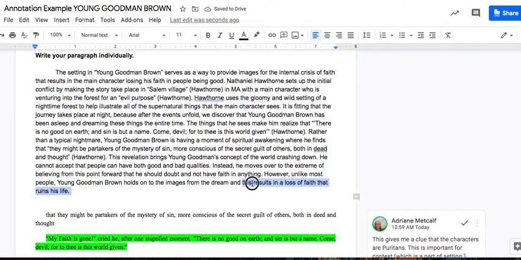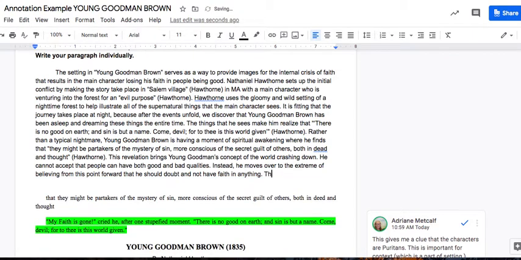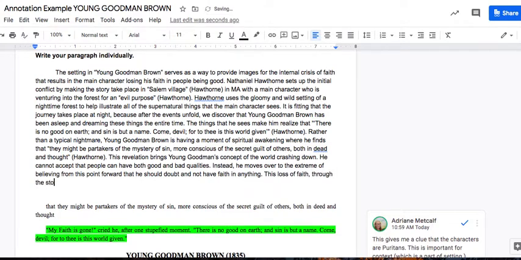This loss of literal loss of faith through the story, through the dream of leaving. No, that's too convoluted at all.